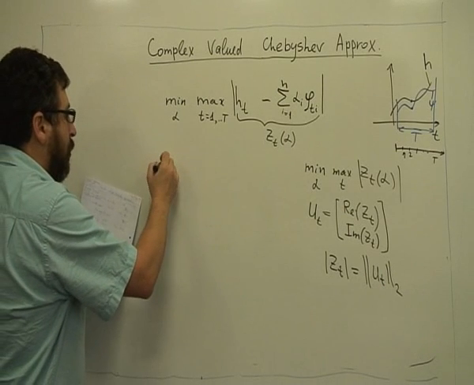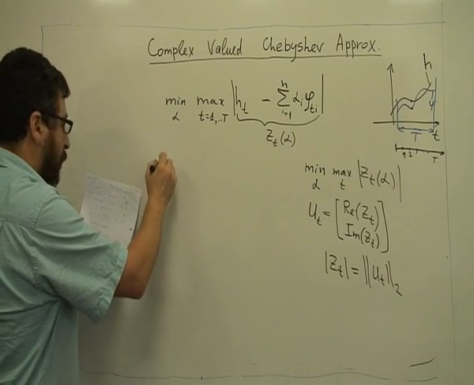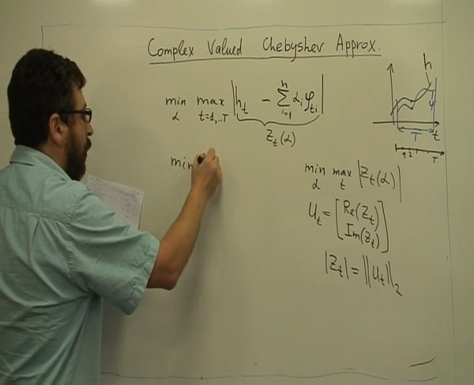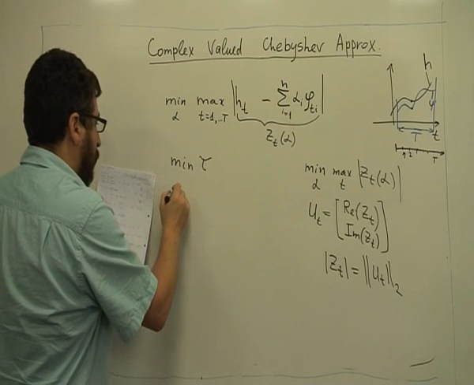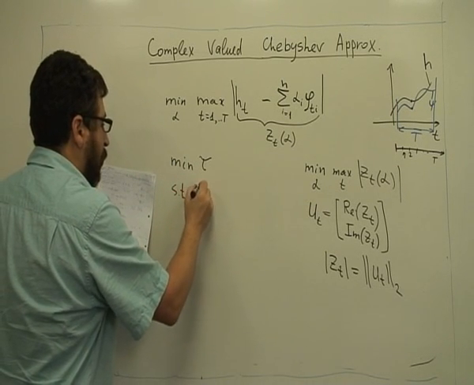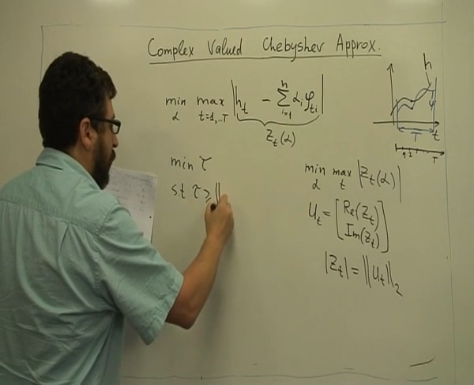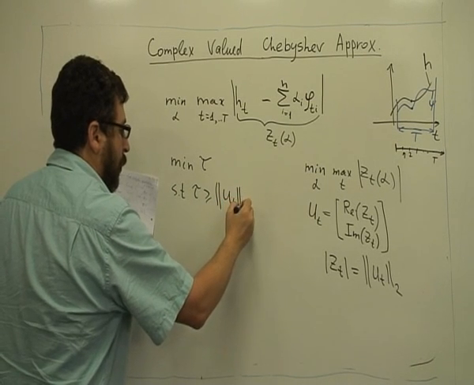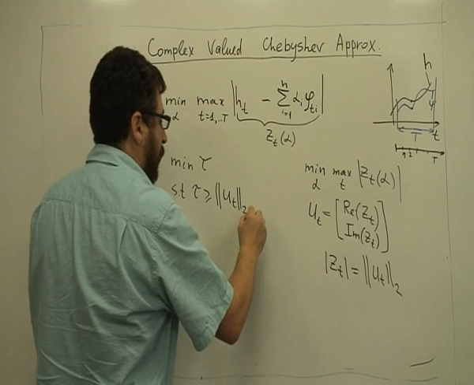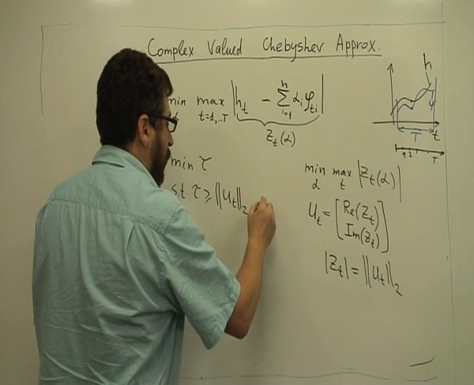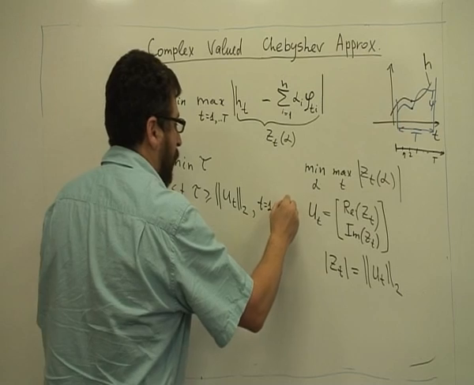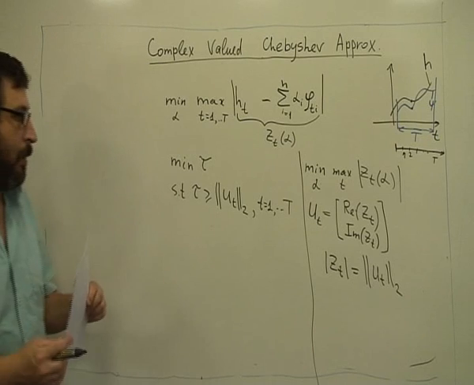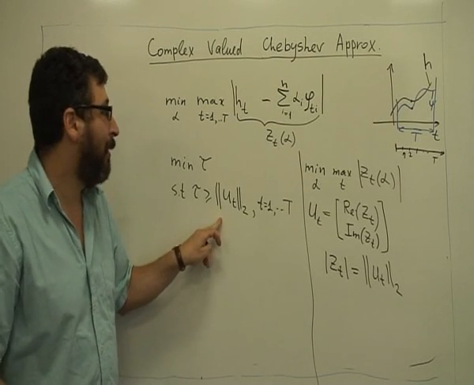And I just write immediately the result. So we need to minimize tau subject to tau greater or equal to the second norm of u_t for t from 1 to capital T. And this is my problem.